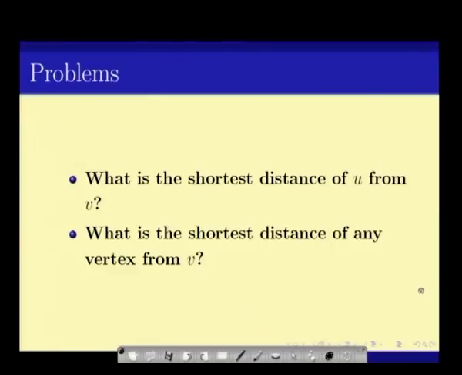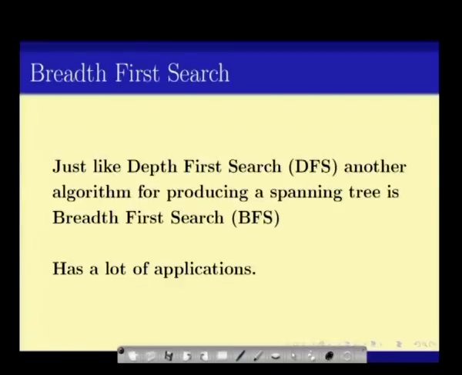And how will you do it? We need another algorithm, which is known as breadth first search. Breadth first search is like depth first search, and it is used to produce a spanning tree. It has a lot of applications.